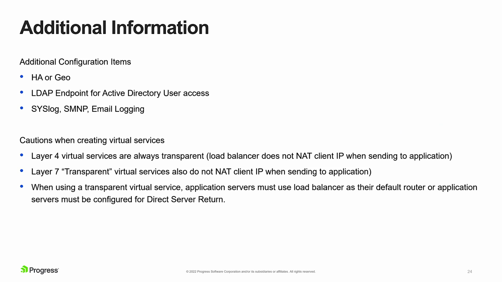So the user would get the data back. So there is a way to deal with transparent load balancing, but it requires using the load balancer as the default router. There is one other way to deal with transparency, and it's called direct server return. We're not going to talk about that too much during this because it gets complicated. You have to configure each and every application server in order to make it support direct server return.